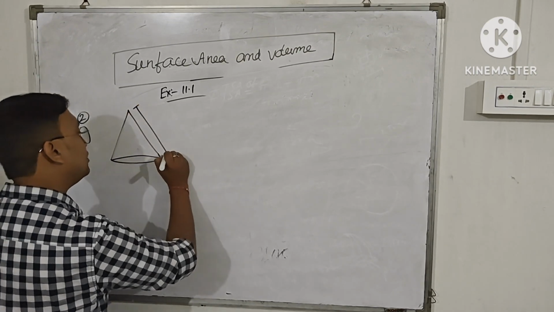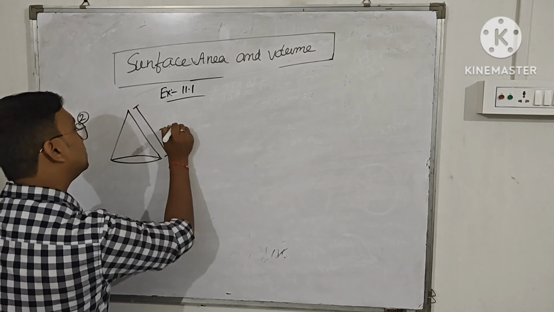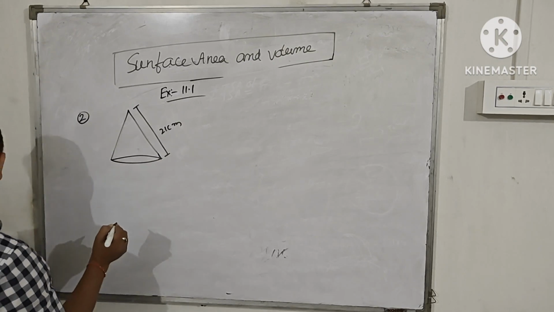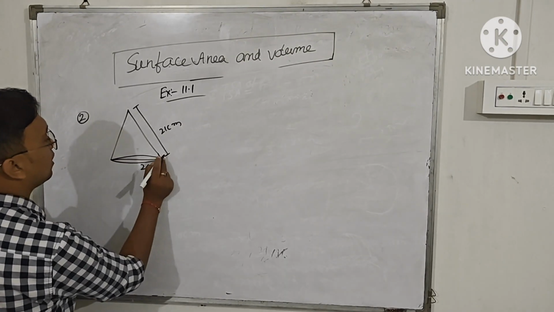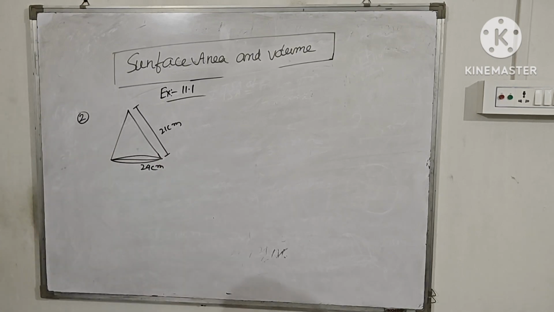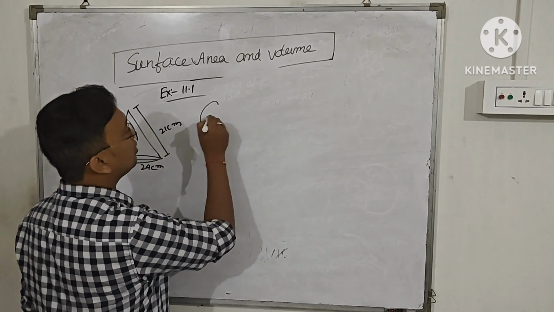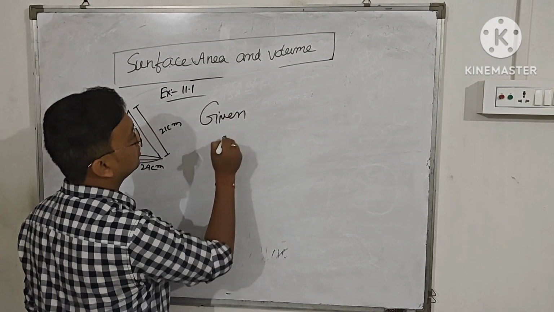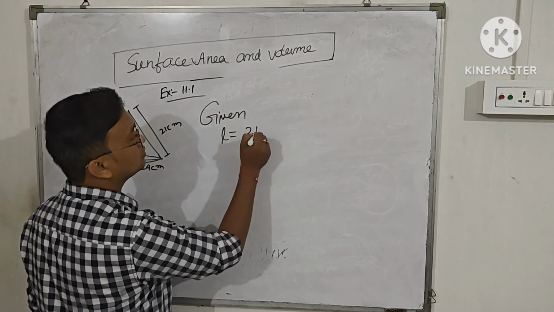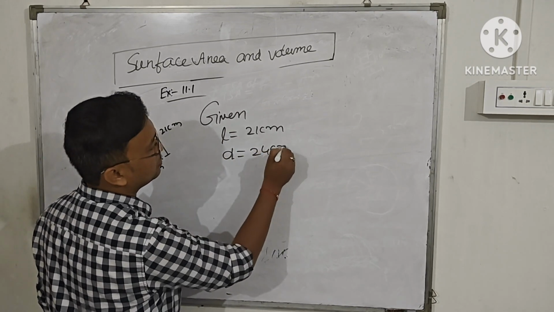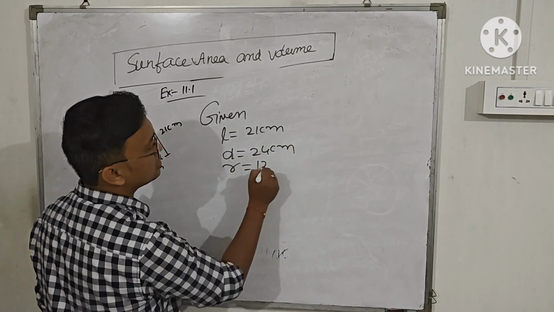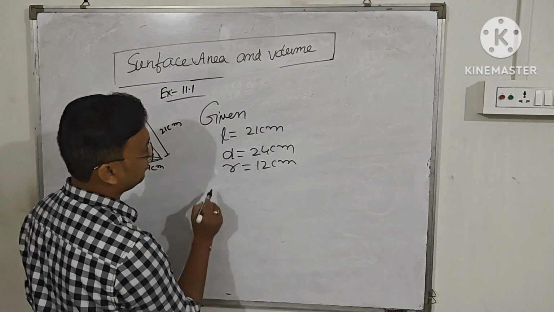Slant height of this cone is 21 centimeter and diameter of the base is 24 centimeter. Total surface area. So given, L is equal to 21 centimeter. This is 24 centimeter. Radius will be 12 centimeter.